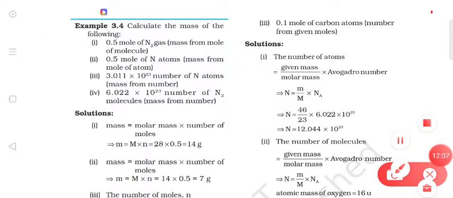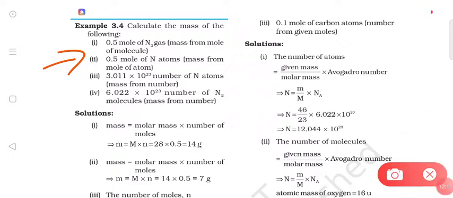Okay, now here you can see what is written: 0.5 mole of nitrogen atoms. So here the mole of atoms is given, not the mole of molecules of nitrogen. This needs to be noted: in the earlier question they wrote 0.5 mole nitrogen gas, and they have not specified the particle.